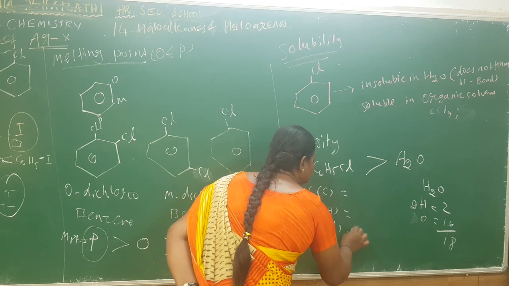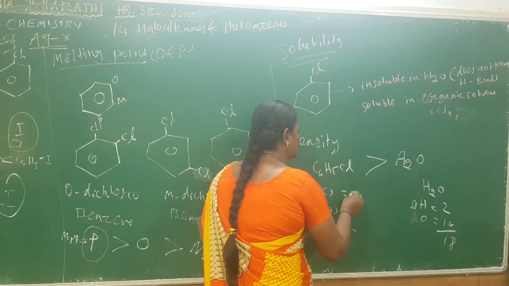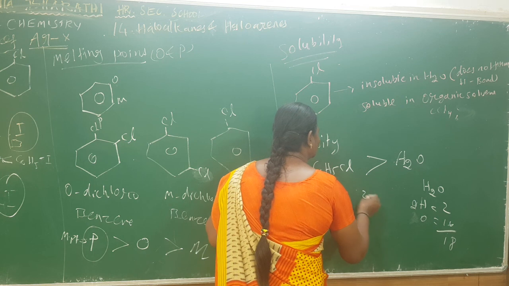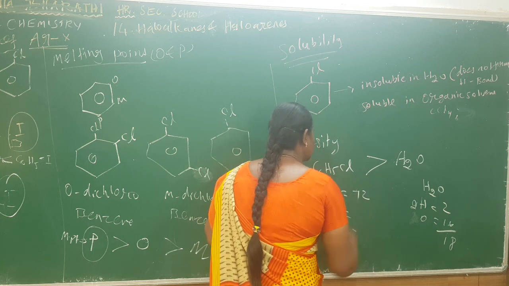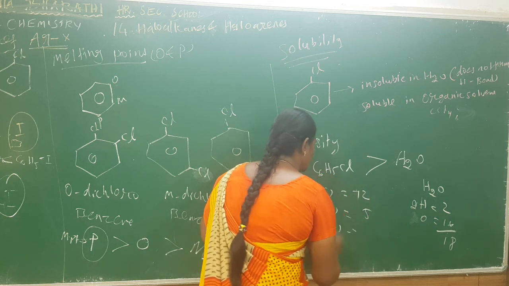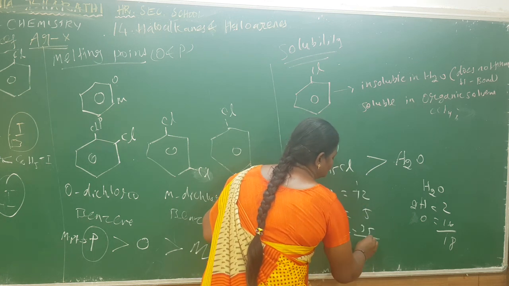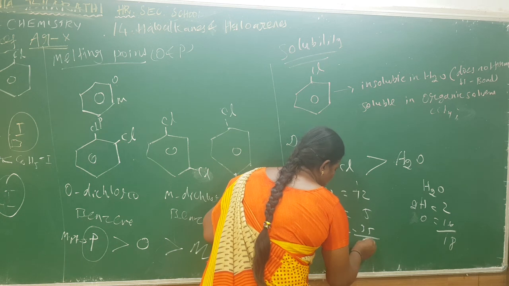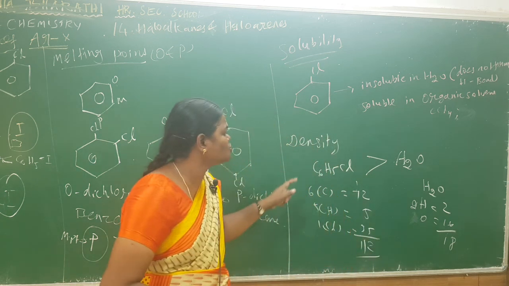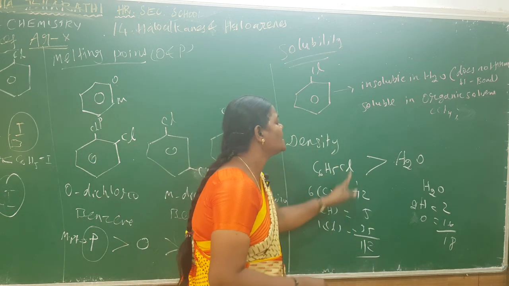What happened here? 6 carbons is 6 times 12, 72, and 5 hydrogens is 5, plus 35, so about 112. So the density of the compound is more compared to water.